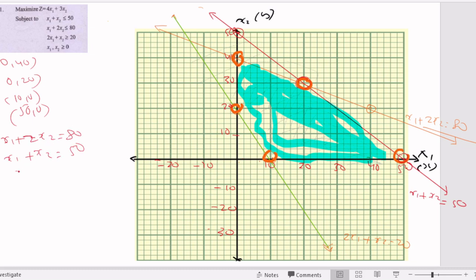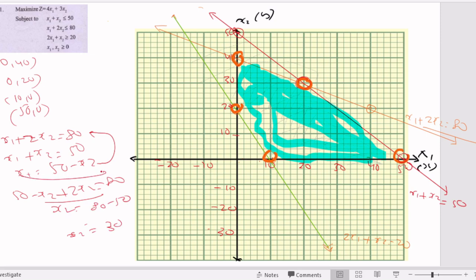If I substitute x1 equal to 50 minus x2 in this equation, it will be 50 minus x2 plus 2x2 is equal to 80. So x2 is positive, 80 minus 50, so x2 will be 30. Substitute the value of x2 in the equation and you will get 20. So this point is 20 comma 30.